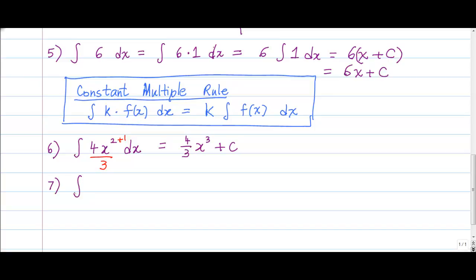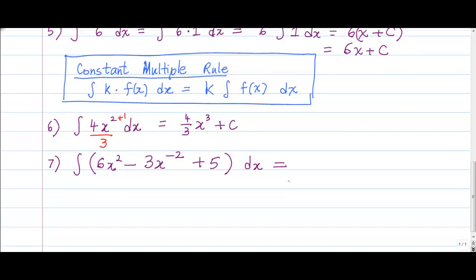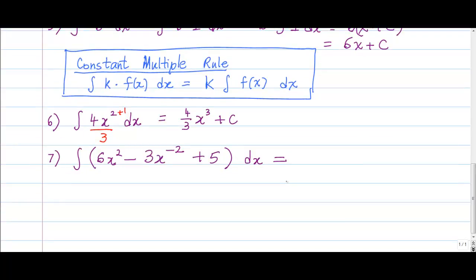Let's do another example. So now I have the integral of 6x squared minus 3x to the negative 2 plus 5 dx. So the dx tells you to take the integral with respect to x. Alright, so each of these we're going to do in pieces. Let's look at the 6x squared first.